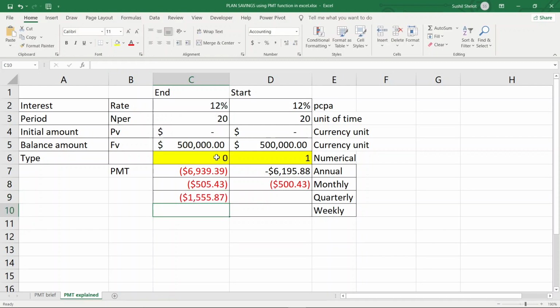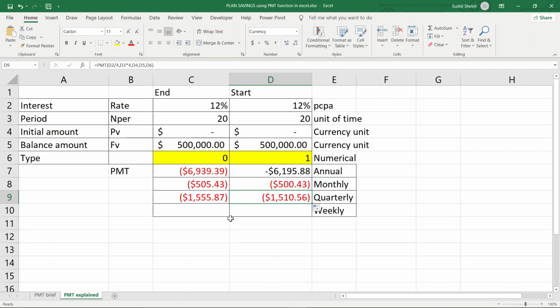So the quarterly value for the end of the period, that means at the end of the quarter this person will have to save $1,555.87. If I pull it into the next cell, it gives a value of $1,510.56 that will be deposited at the initial day or initiation of the quarter.